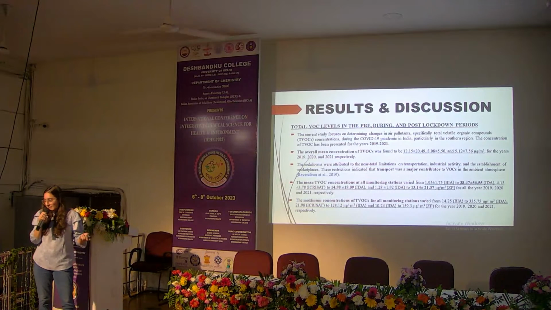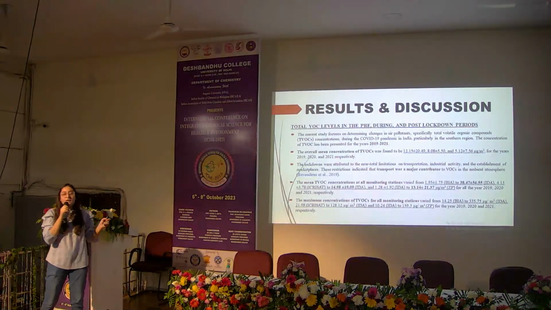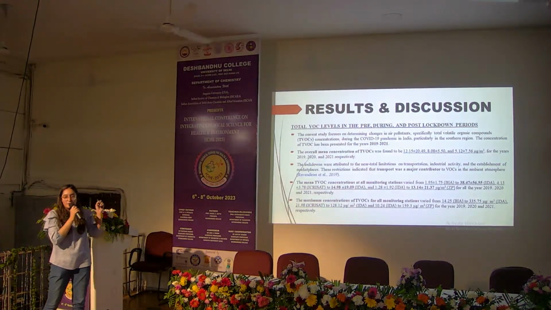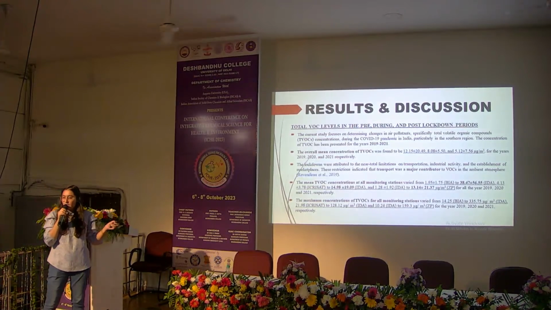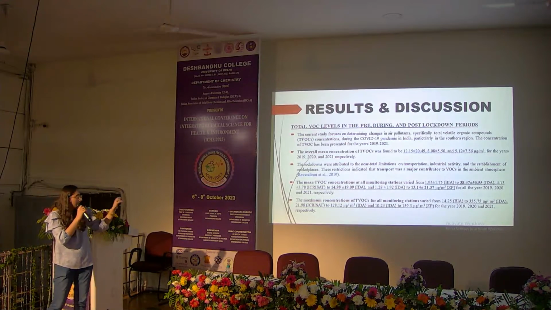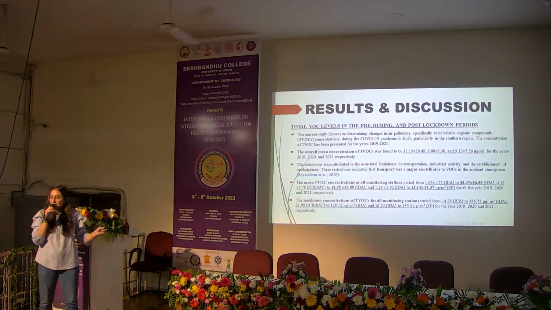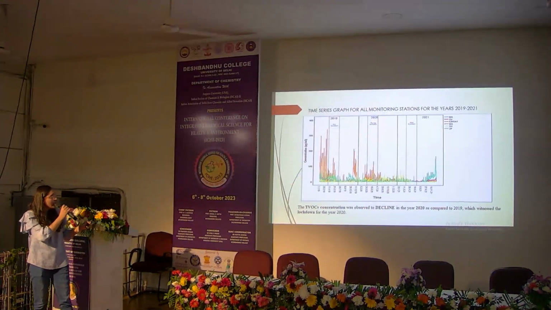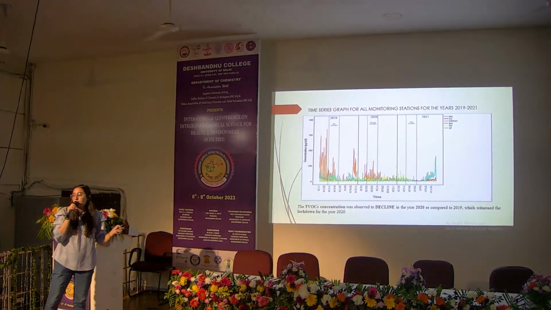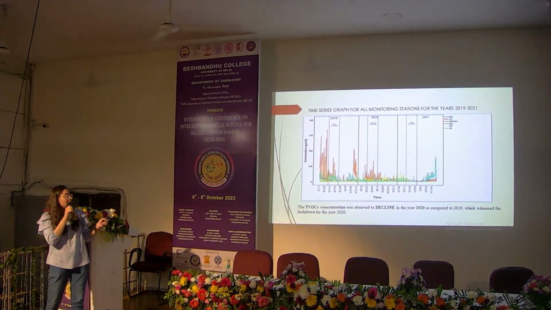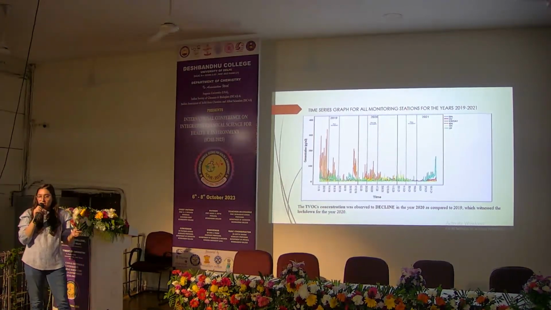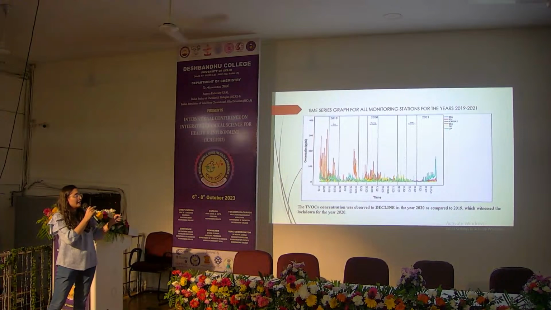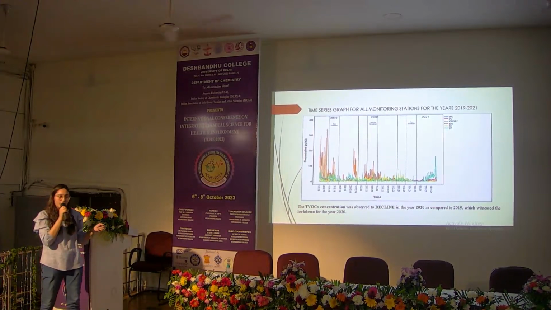The results were divided into three sections and two sets. For the years 2019 to 2021, the following data is the mean concentration, the trend which we have observed, and the maximum concentrations. As we can see in this graph, in the year 2020 it was significantly decreased, but as the lockdown was over, the concentrations were again seen to rise at the end of 2021.